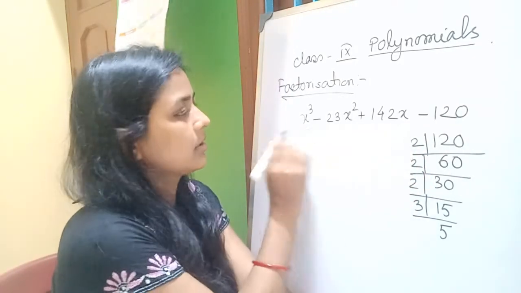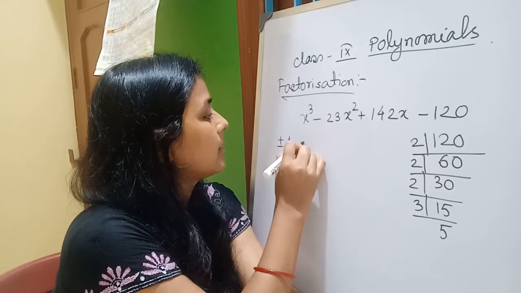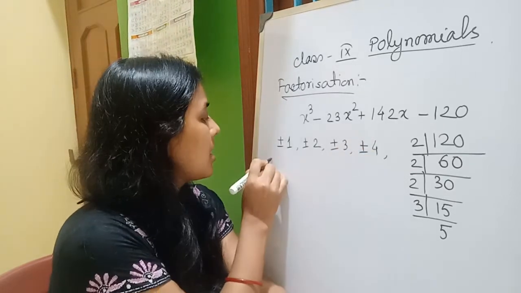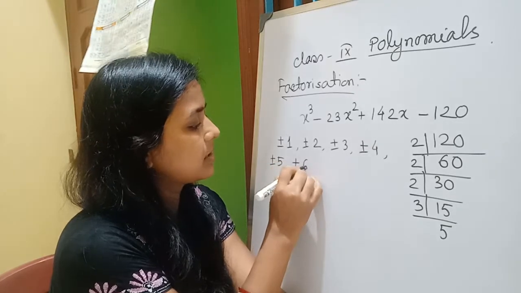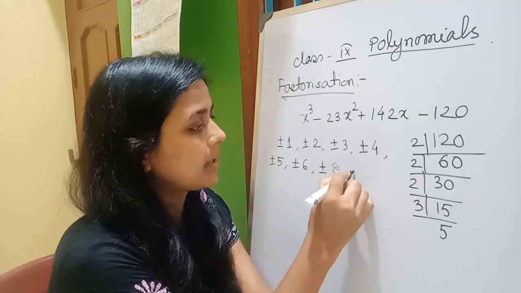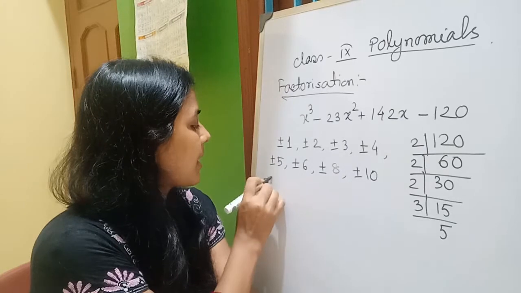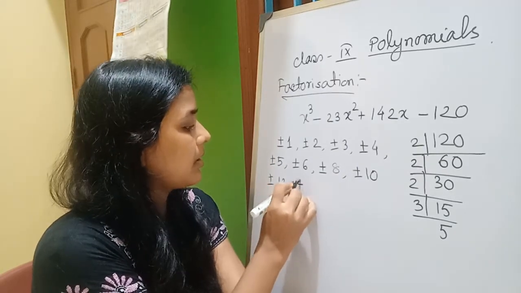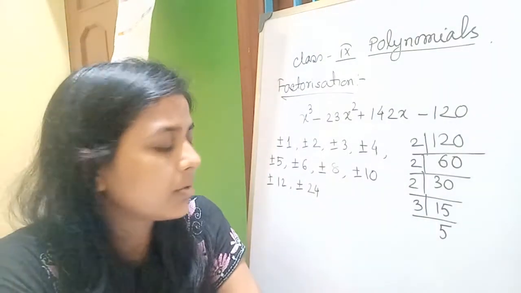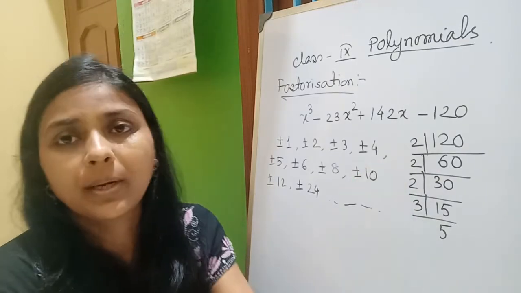Now plus minus 1 is a factor, plus minus 2, plus minus 3, plus minus 4, plus minus 5, plus minus 6, then plus minus 8, not 9, then plus minus 10, then plus minus 12, and so on, 24 we are getting here.